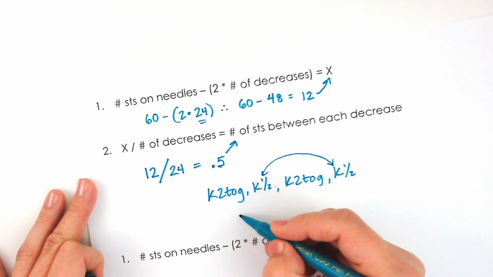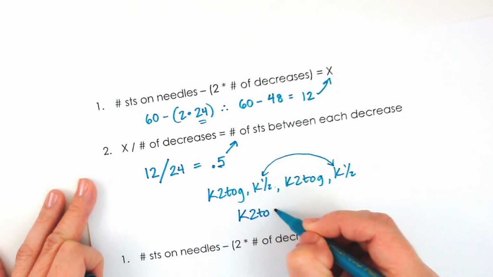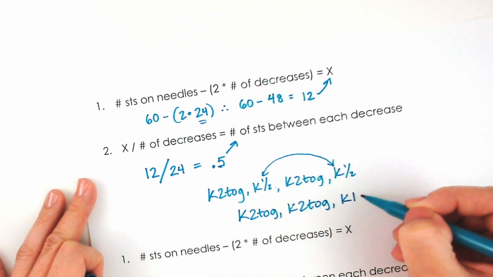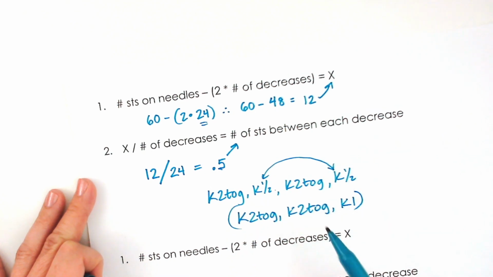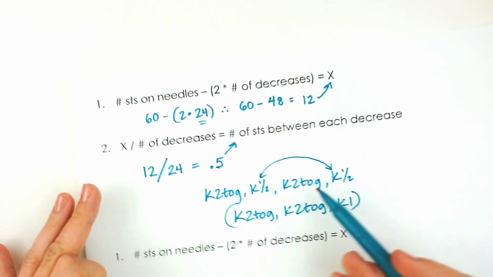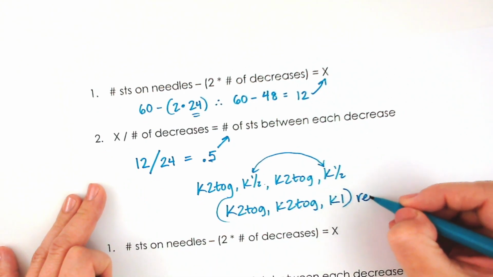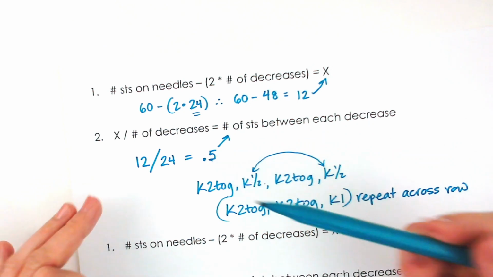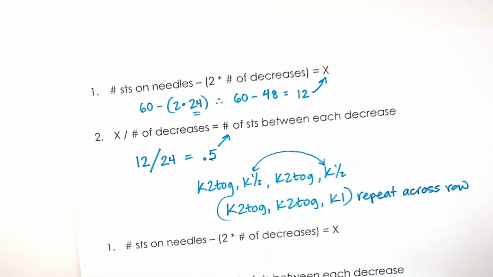So my row would look like this: knit 2 together, knit 2 together, knit 1. So I do 2 knit 2 togethers plus the whole knit 1 that was spread in half amongst those 2, and I repeat that across the row. That's how you deal with a half symbol in this case.